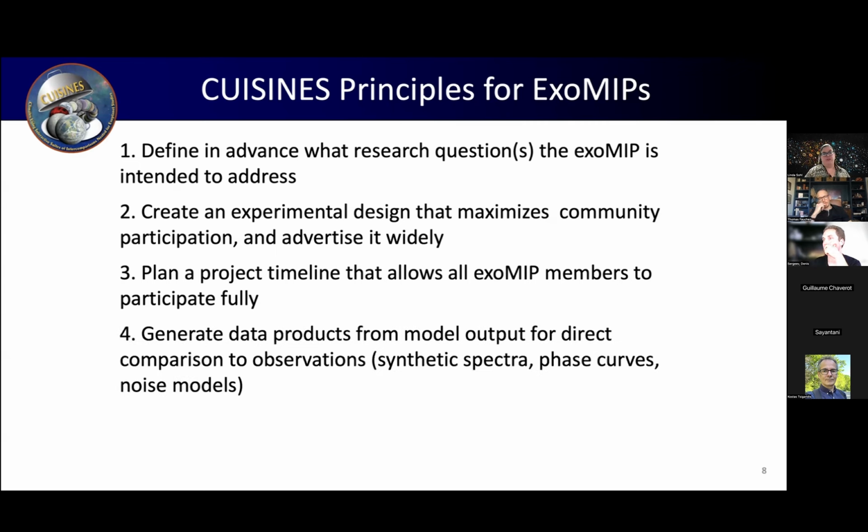Now, coming back to the foundations of funding for CUISINES from the Exoplanets Environments Collaboration at NASA Goddard Space Flight Center, where a link to observations is really important. Please make plans to generate data products from your model output that can be used in comparisons to observations.